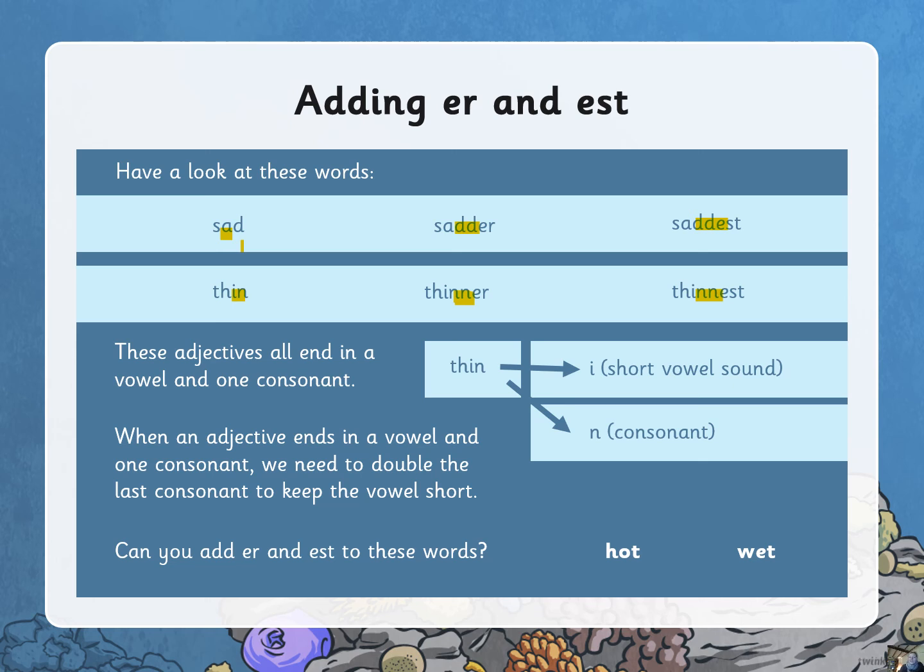See if you can do that with these two words. Add er and est to hot and wet. Both of them have got the short vowel sound. So what do we need to do to the consonant?